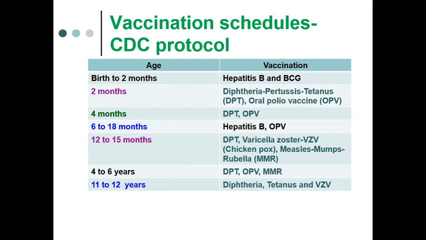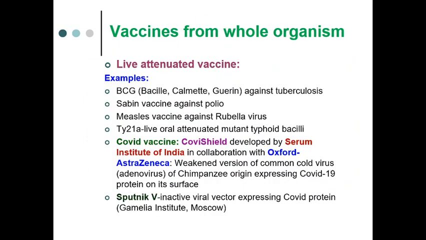Now we will see other vaccines. The measles vaccine. The measles vaccine against the measles virus is developed in chick embryo or duck embryo. At present, it is also developed in human diploid cells.